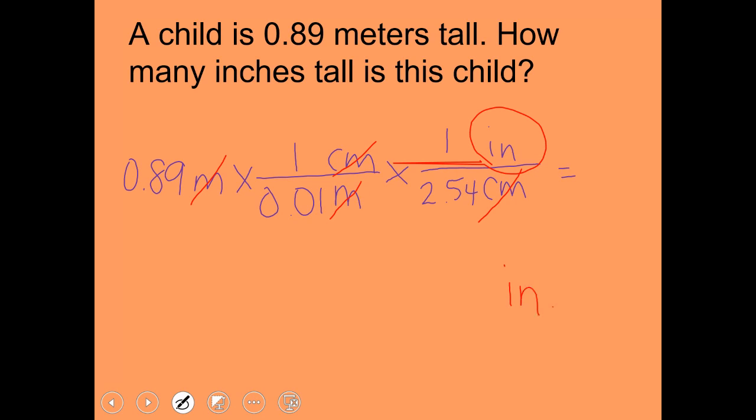But the other thing, on some of the other problems, like you took the 2.25 times 240, when your numbers are on the bottom, you divide by them. So we want to take 0.89, divide by 0.01, and divide by 2.54. And you're going to end up with 35 inches. So this child is just under 3 feet.